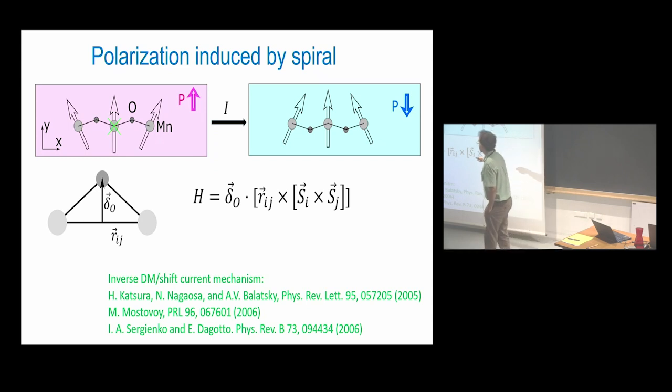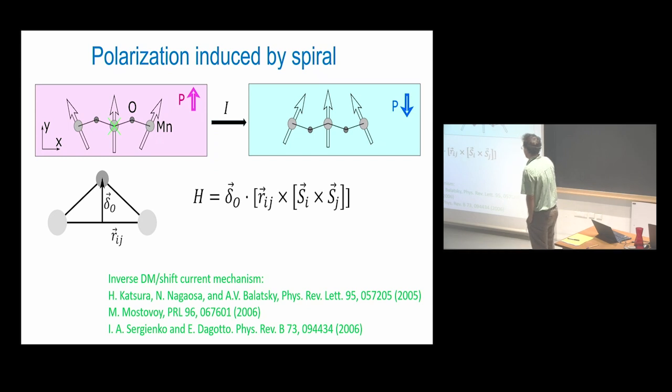And so the spiral breaks inversion, and these clockwise and counterclockwise domains correspond to polarizations in opposite directions, so opposite polarization domains. If I'm thinking of a domain wall between a state like this and like that, then I can move this magnetic domain wall by applying an electric field. The mechanism for this coupling is the inverse Dzyaloshinskii-Moriya or spin current mechanism that was discussed by Katsura, Nagaosa, Balatsky, and a number of other works from microscopic and phenomenological standpoints.